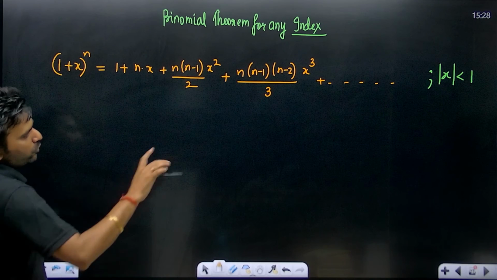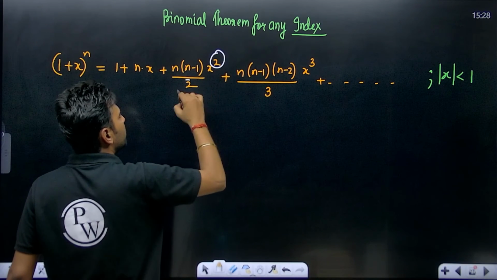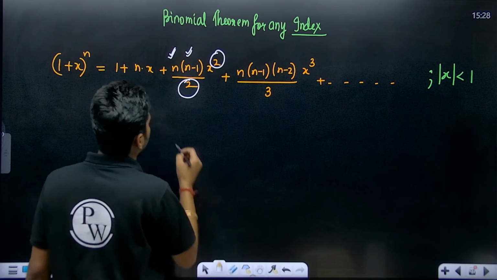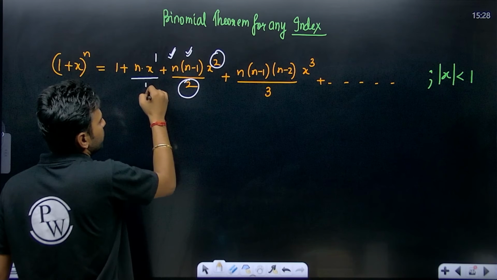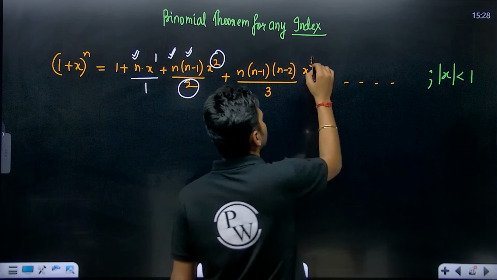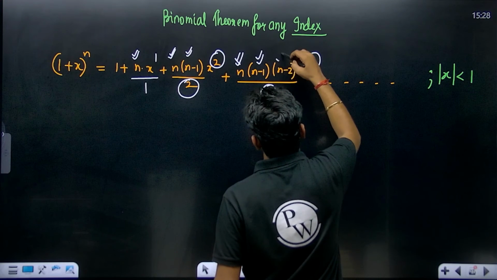And if I want to write down the x to the power 4 term, understand, if over here the power of x is 2, then 2 is coming over here, and also 2 terms n and n minus 1 are coming. If the power of x is 1, then 1 is written over here and only one term n is coming. If the power of x is 3, then 3 is also coming here, then 3 terms n, n minus 1 and n minus 2 are coming.